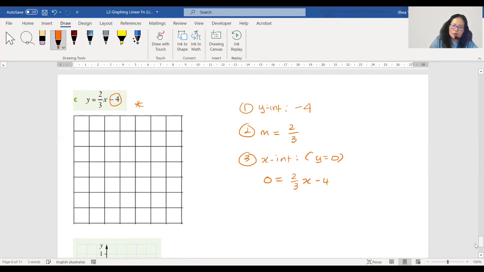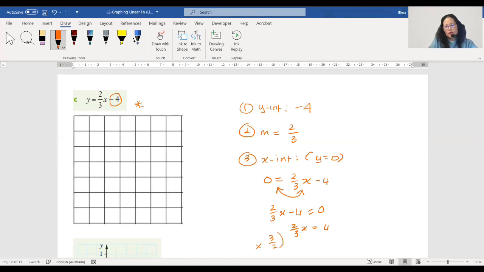So I'm going to make x the subject, but I'm going to swap this because I want x to be on my left-hand side. So if you want, you can do it like this. And then +4 on both sides. And I'm going to times by 3/2.